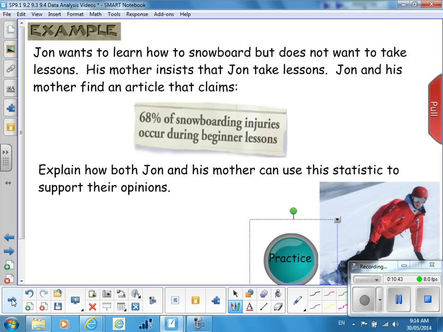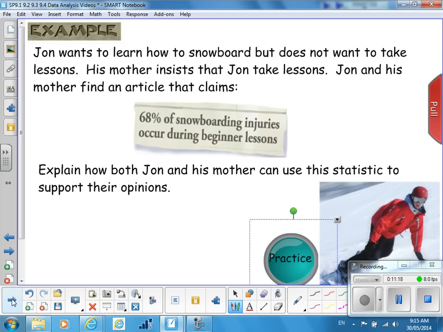Well, maybe John's going to argue that, hey, look, if I take beginner lessons, I've got a more likely chance of getting injured than if I don't take the lessons. 68% of people who take those lessons get injured. Why would I want to take them? Whereas his mother might use it as, look at how many people get injured in beginner lessons. Can you imagine how many people get injured if you don't take the lessons? Maybe everyone who doesn't take a lesson will be injured. So you should take it so that you have a less likely chance of being injured.